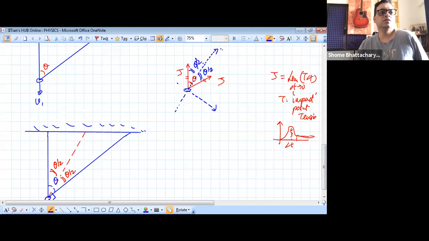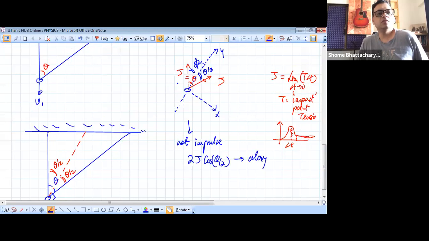So this is the y axis, this is the x axis. So the net impulse, which will be 2 times j cos theta by 2, is along the y axis, the angular bisector.